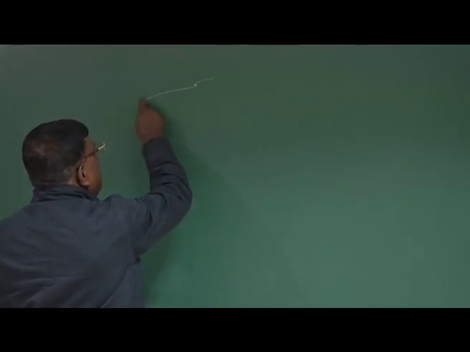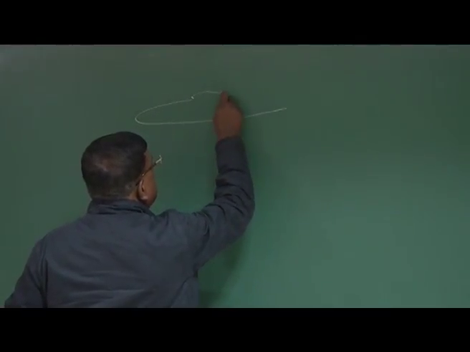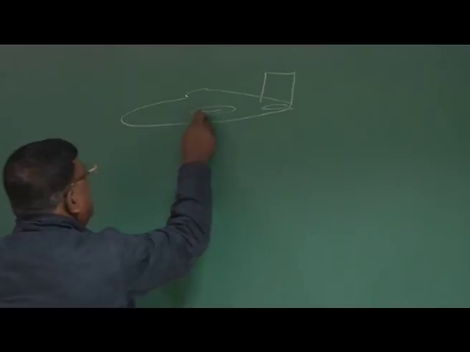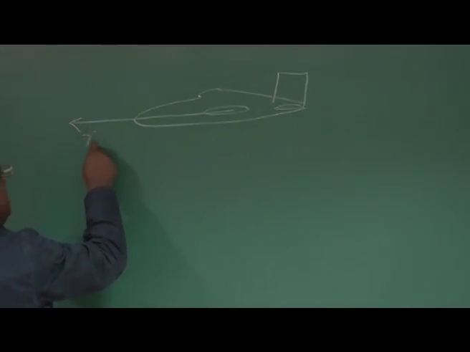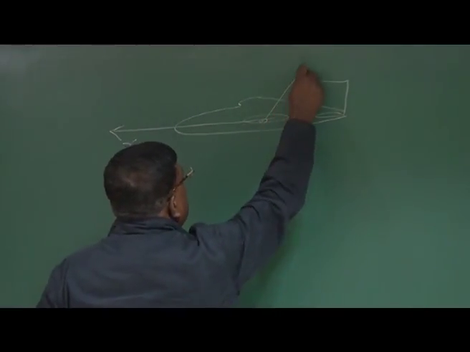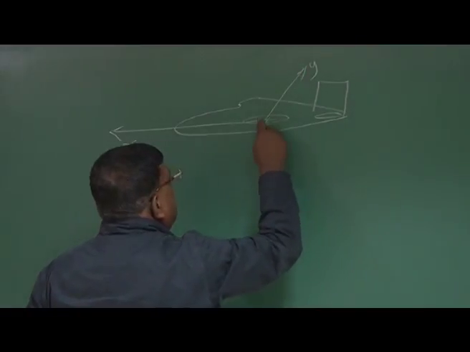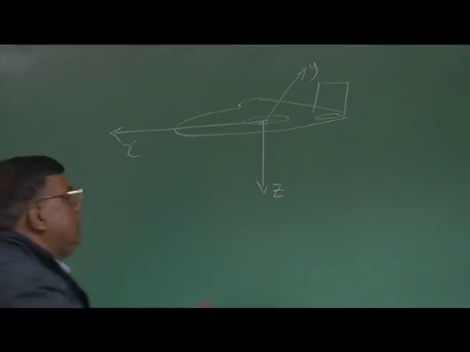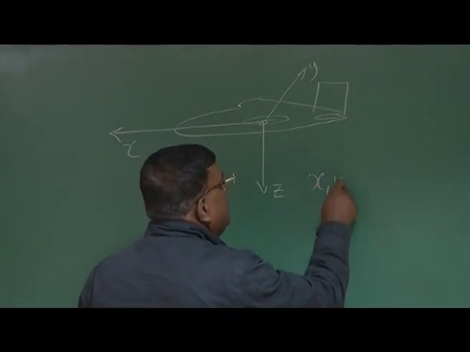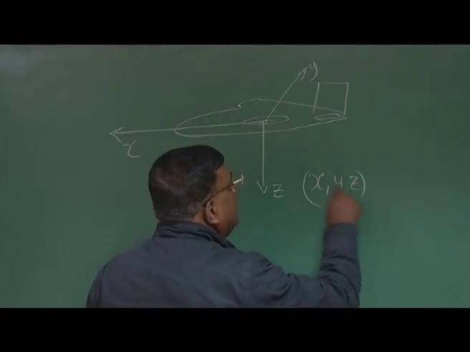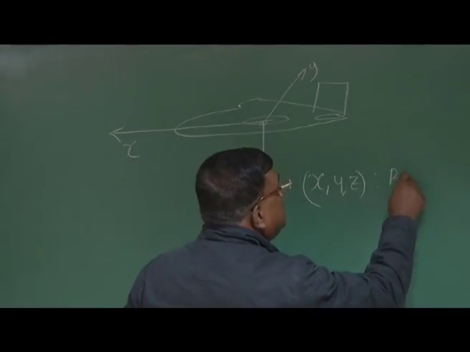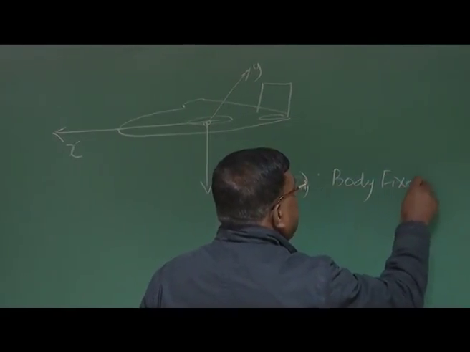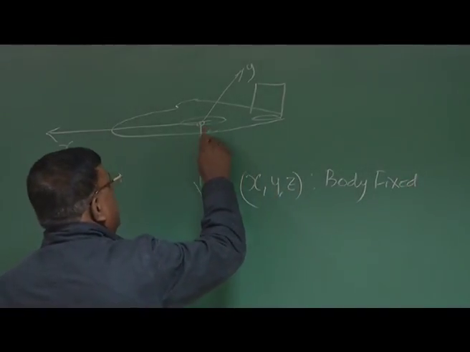If I draw an airplane, I have to set the axis system, and I am talking about an axis system x, y, z, which is body fixed, and located at the center of gravity.